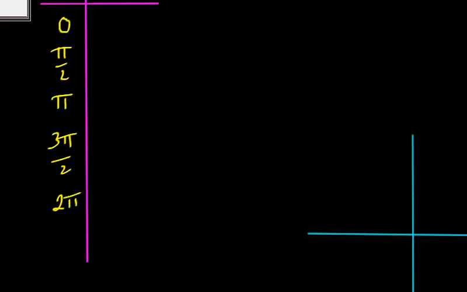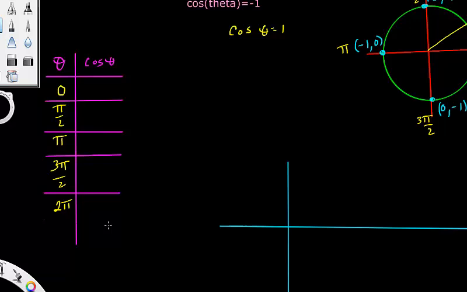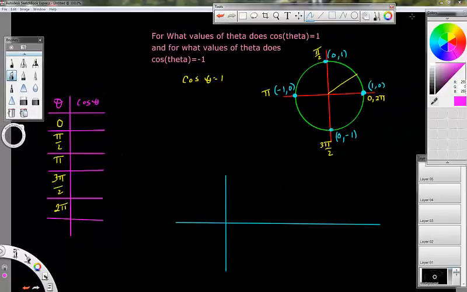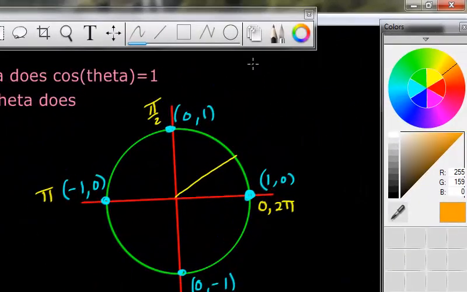I'll see if I can do this a little bit better. Get these things straight so it looks all good. Alright, good deal. And a slightly different color. So for the cosine, we remember again, and I won't go into why this is, but points that are x, y are of the form cosine theta, sine theta.